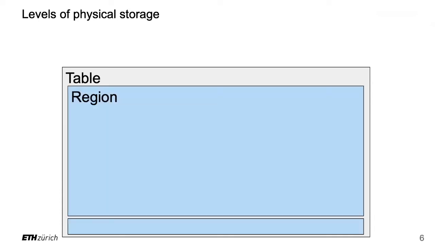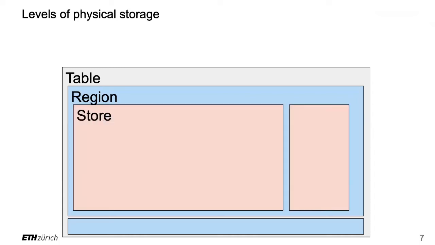So once we understand that, we can go down the whole hierarchy of what we store. There is the entire table. We partition it horizontally, we get regions, right? These are intervals of row IDs. Next, if we shard it vertically, we get the stores, right? Every column family within a region gives you a store.